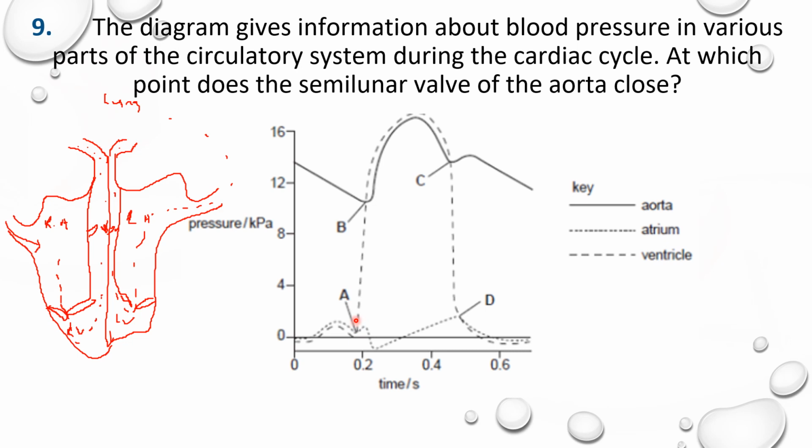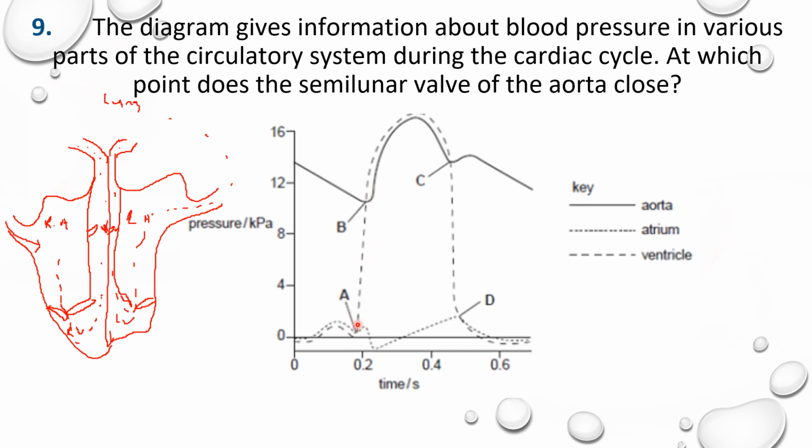It's contracting, so the atrioventricular valve will close here, and because the pressure is higher as it starts contracting, the semilunar valve will open, because the pressure in the ventricle is greater than the pressure in the aorta. That's the aorta. So at this point the semilunar valve opens.